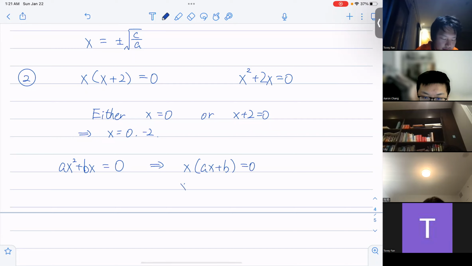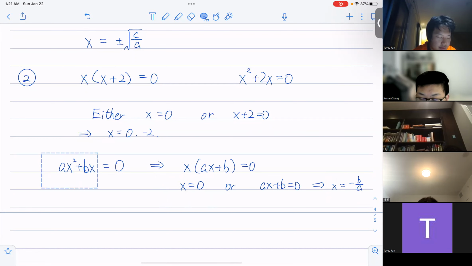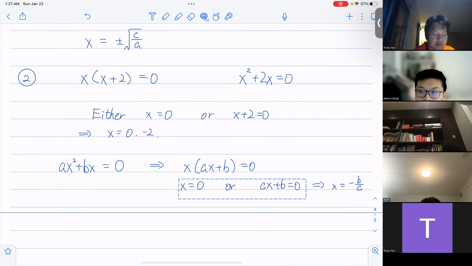Then you would have either x equals 0 or ax plus b is 0, which means that x is going to be negative b over a. Okay, make sense? Any number x squared plus some number x, you factor out x and you just have this, either this or that.